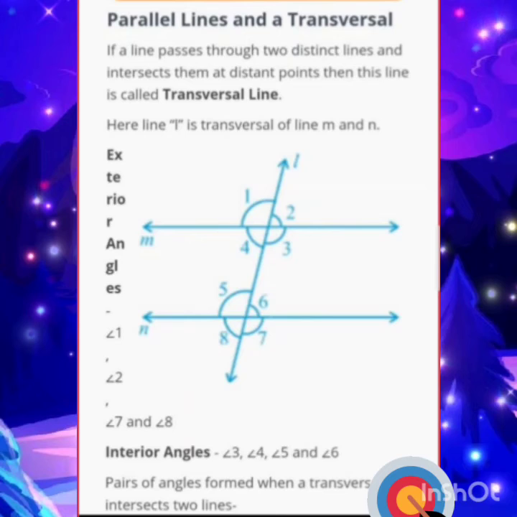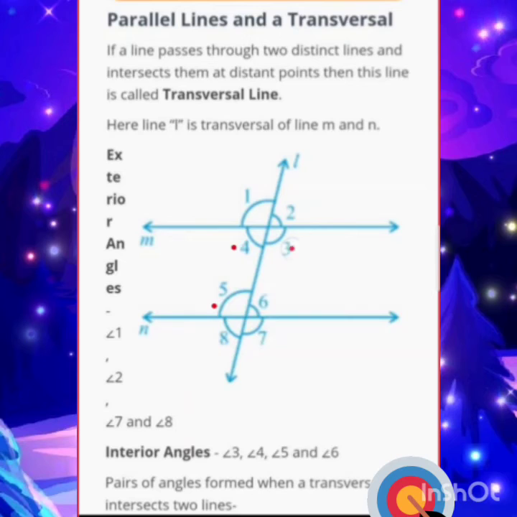Clear to you? Now one important last point we are coming to, that is co-interior angles. Dear student, co-interior angles are also known as allied angles. Please keep this in mind. The sum of two co-interior angles must be 180 degree, which means they are supplementary.